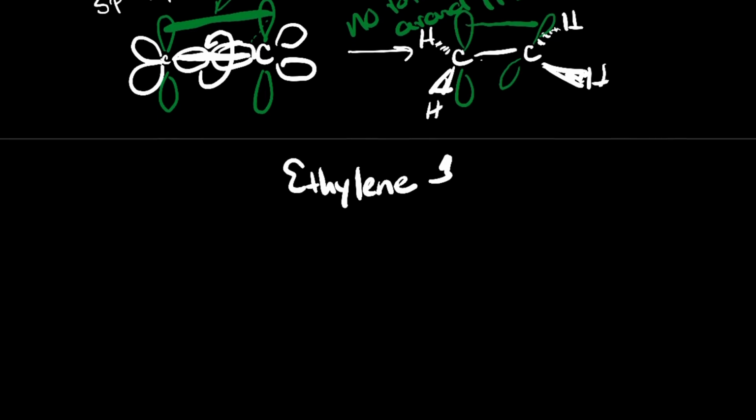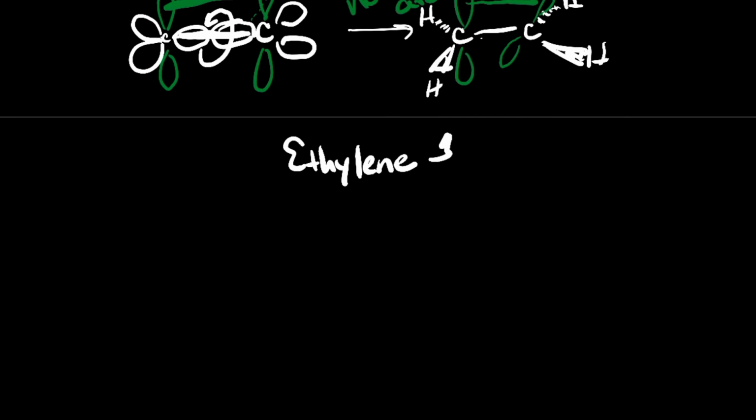You have the sp2 bonding framework that I drew up there in white, and this framework is planar, okay? So there's a bond inside of the plane of the paper, and then there is a bond that's coming out at you, and there's a bond going away, okay?